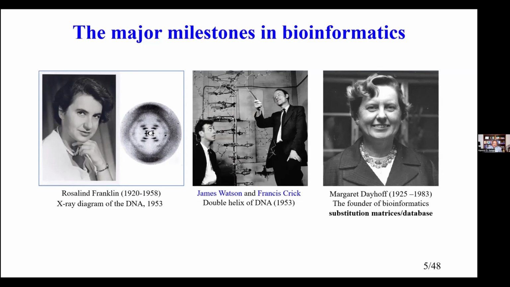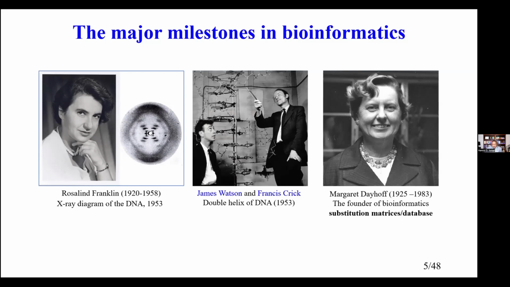So with all this information, James Watson and Francis Crick were trying to solve the structure of DNA, but they were not able to at that time, and they were using very complicated and very complex calculations to try to figure out the structure of the DNA.